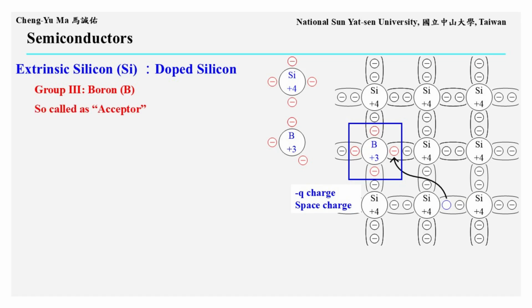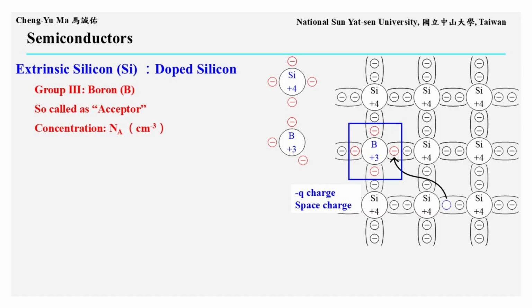To summarize, inside a group 4 silicon crystal, once group 3 elements are doped in, each group 3 atom contributes one hole. Because a hole is an empty position for an electron and can accept an electron, group 3 dopants are called acceptors. The concentration of doped acceptors is represented by Na. N represents concentration, and the subscript A means acceptor.